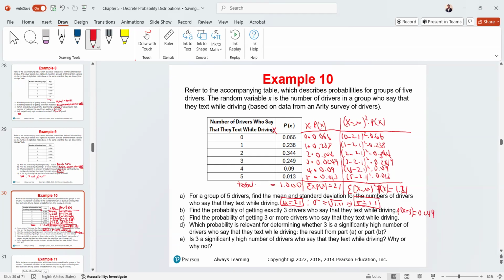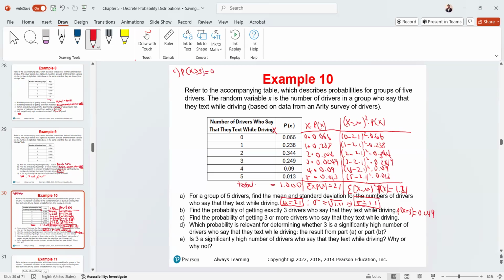For C, the probability of getting 3 or more, that means x should be greater than or equal to 3.